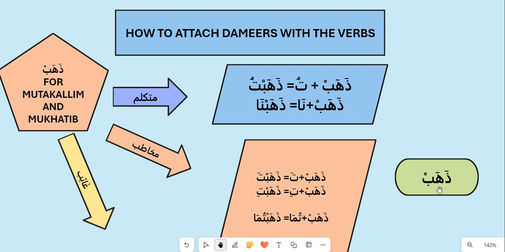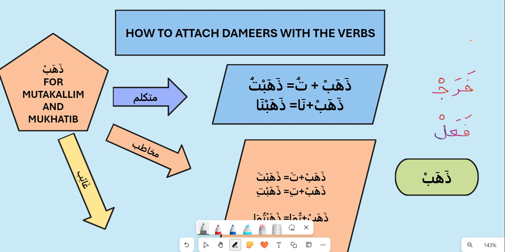So you can take it as fa'al. Your basic structure is fatha, fatha and sukun. If it is kharaja, you use kharaj: kha with fatha, ra with fatha and jim with sukun.